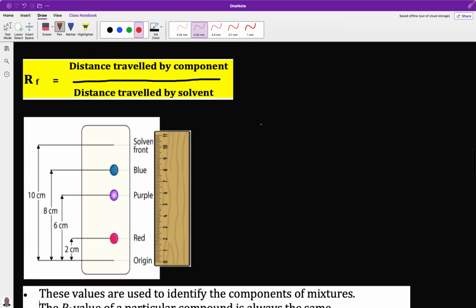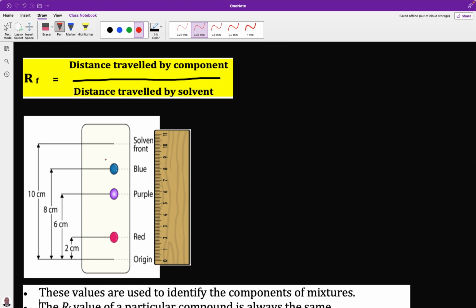We have the base line, which is the pencil line. Now, there was a mixture here, and the mixture was dissolved in the solvent.